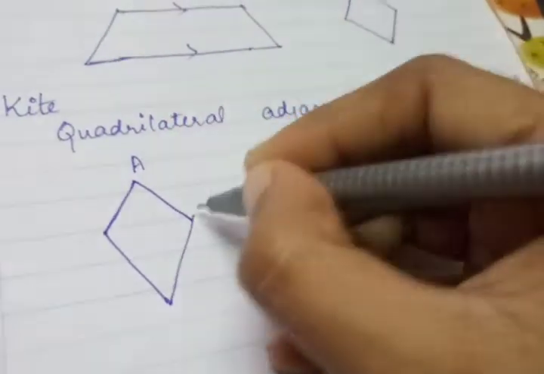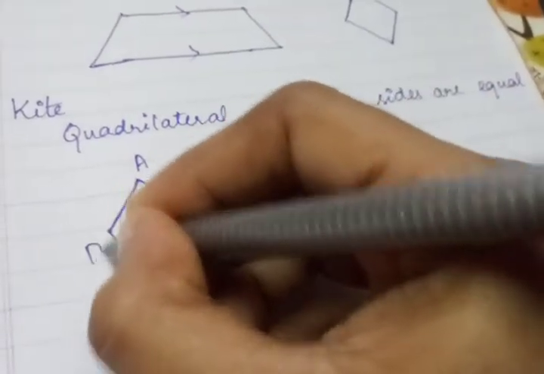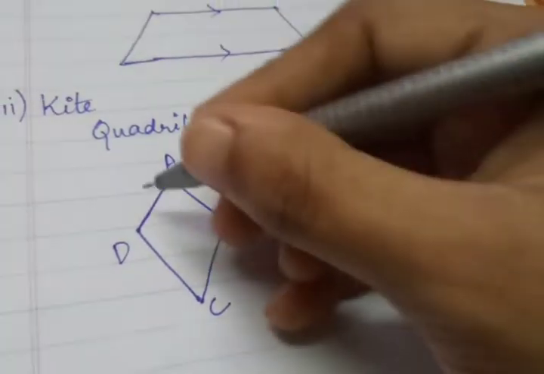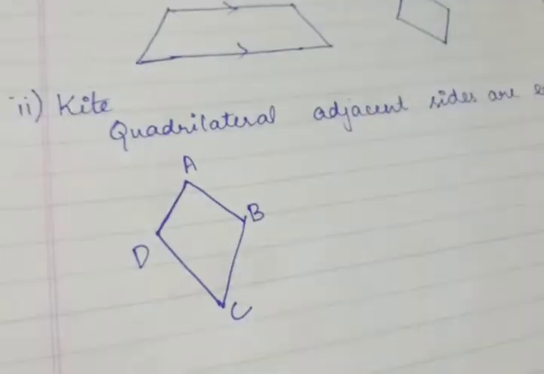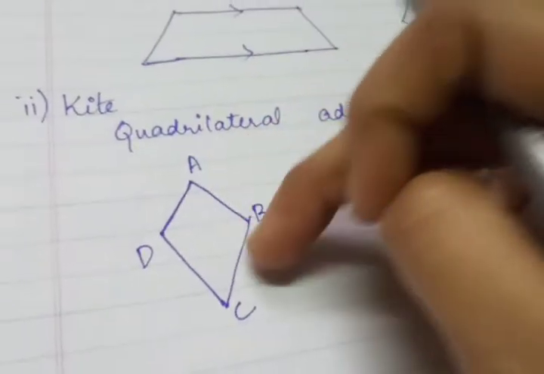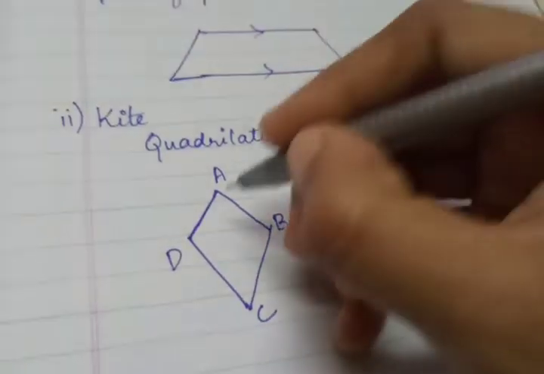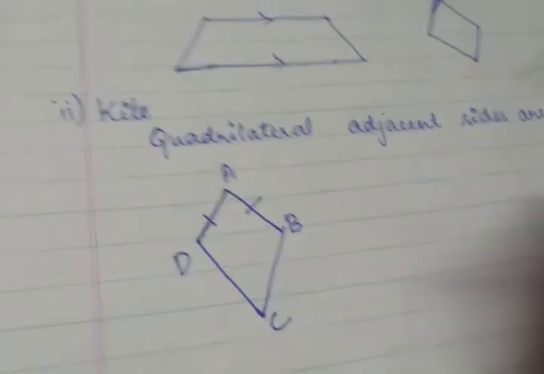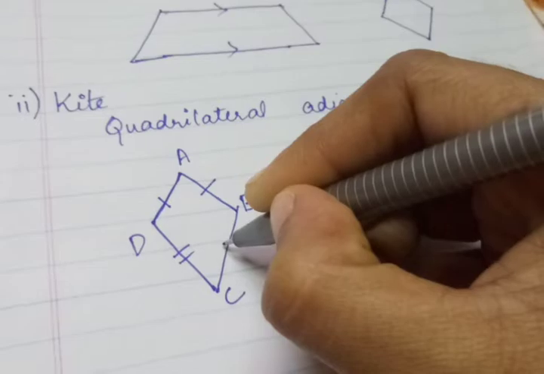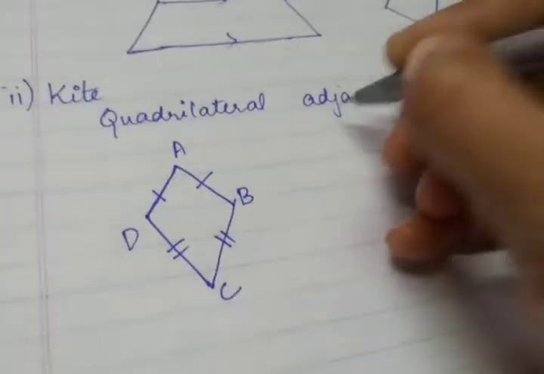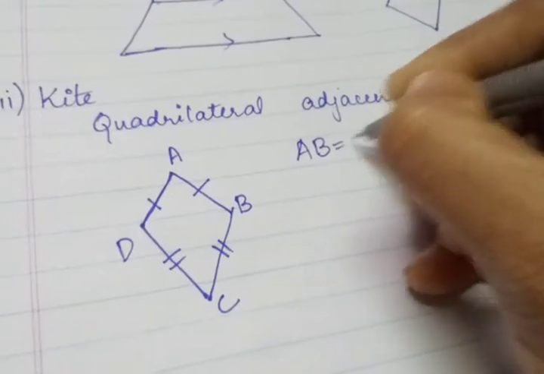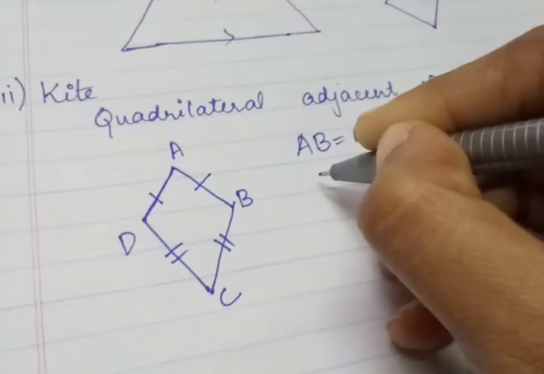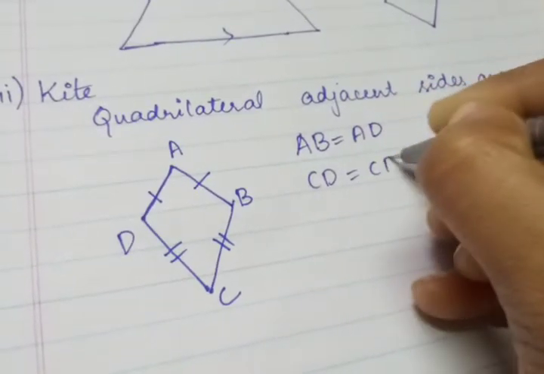See, A, B, C, D. Actually when I see this, it is a four-sided figure, right? In this, AD and AB are equal, and CD and CB are equal. See, listen, AB equals AD and CD equals CB.